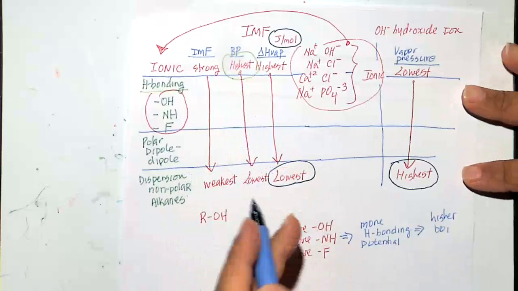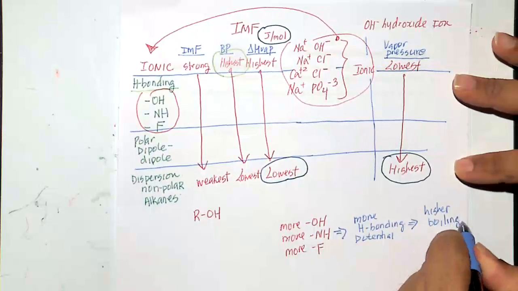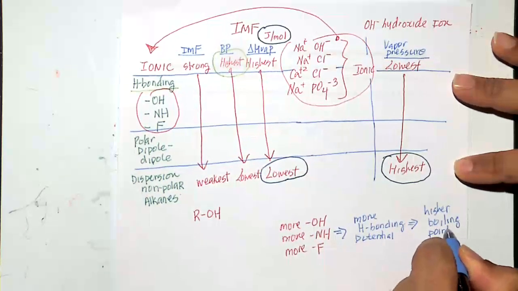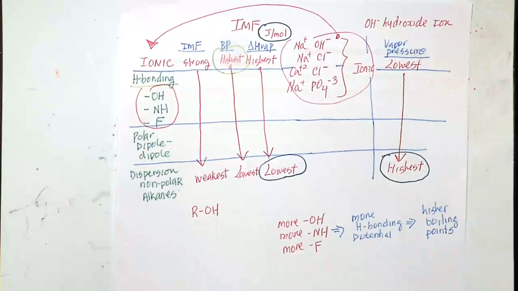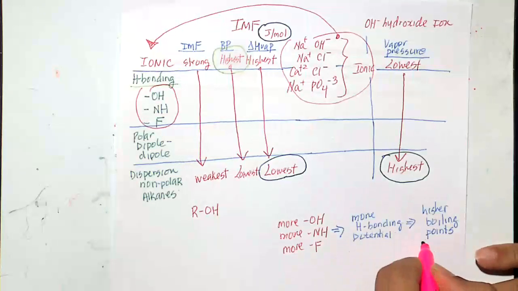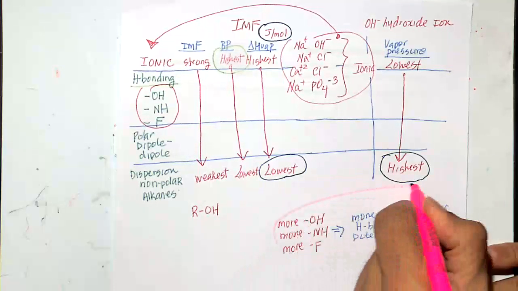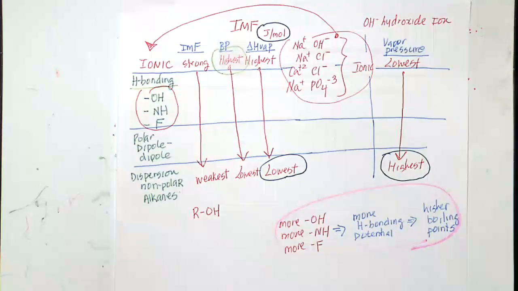I'm just essentially reiterating what's in this table. Any questions or comments about this? Okay, more hydrogen bonding potential.